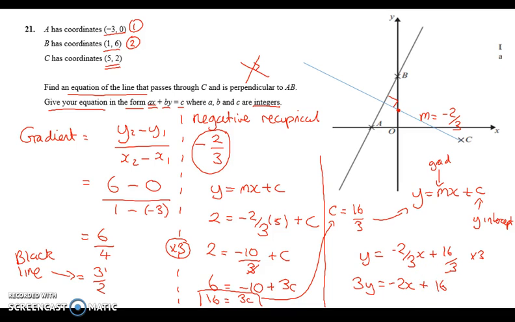Then you might want to put this term over to the left hand side, as that's what it says here, just to copy their form exactly. So I'd have 3y plus 2x, when I move it over, equals 16. Okay, hope that was useful.